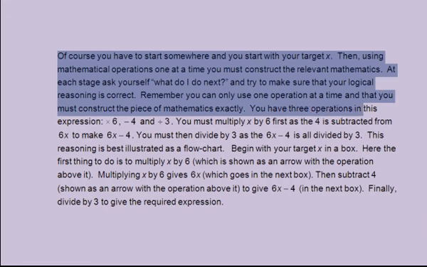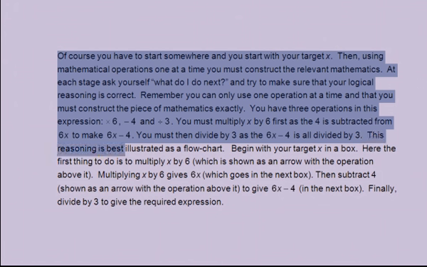You have 3 operations in this expression: multiply by 6, subtract 4, and divide by 3. You must multiply x by 6 first, as the 4 is subtracted from 6x to make 6x minus 4. You must then divide by 3, as the 6x minus 4 is all divided by 3.